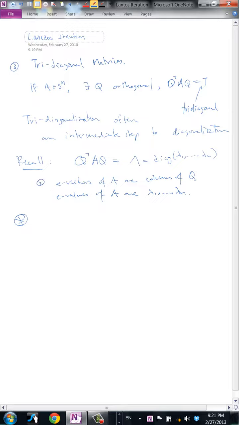So you should be comfortable with facts A and B. So please make sure you are comfortable with A and B. Some facts about tridiagonal matrices are that it is much easier to find their eigenvectors and eigenvalues.